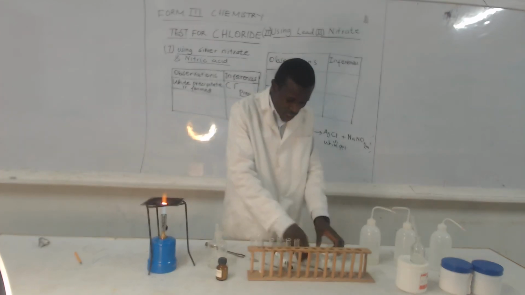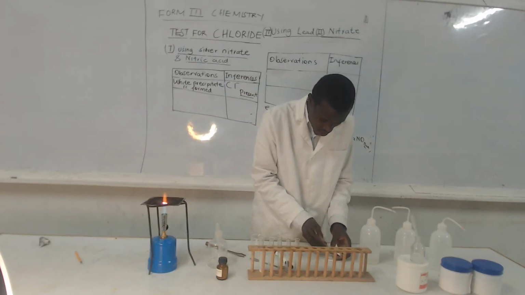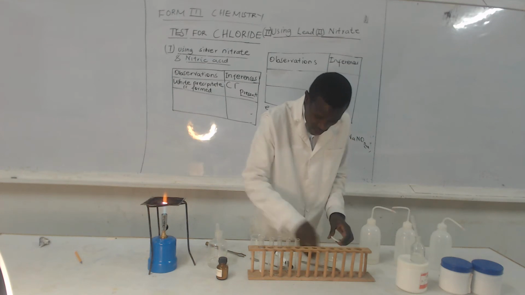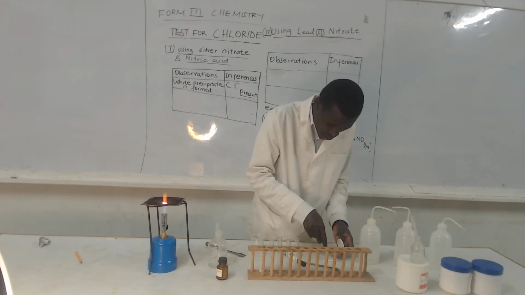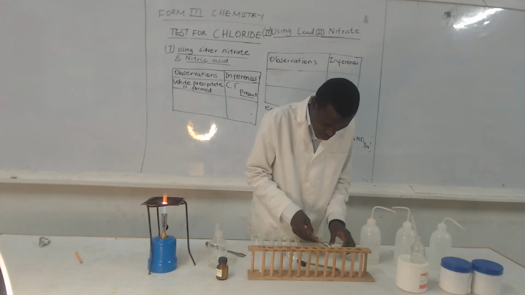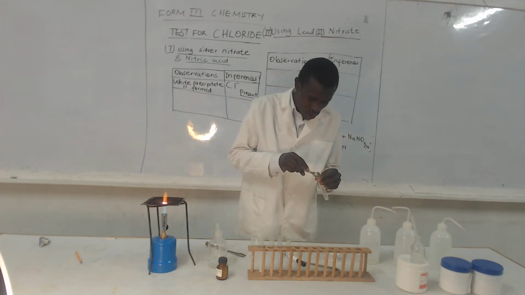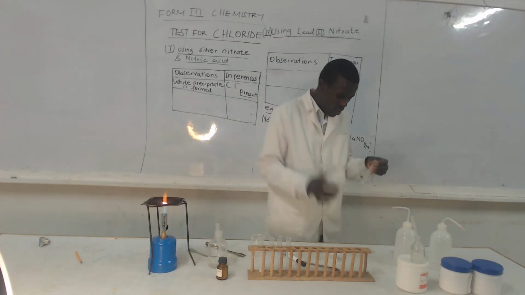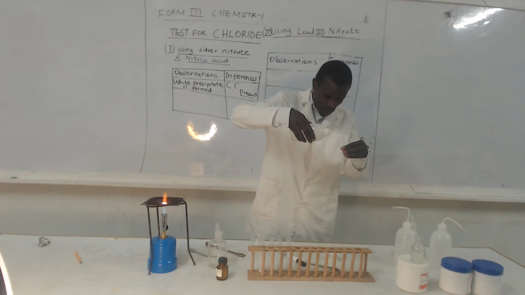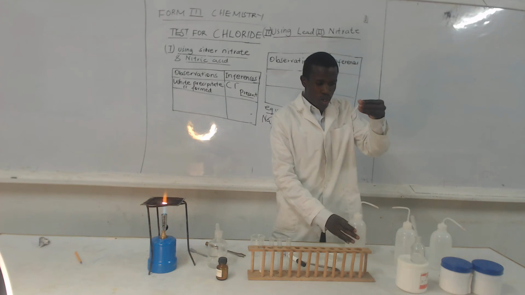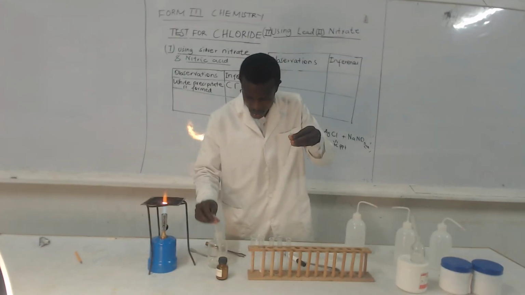If we take sample B so that we are able to confirm if indeed it contains chloride, what will we do?